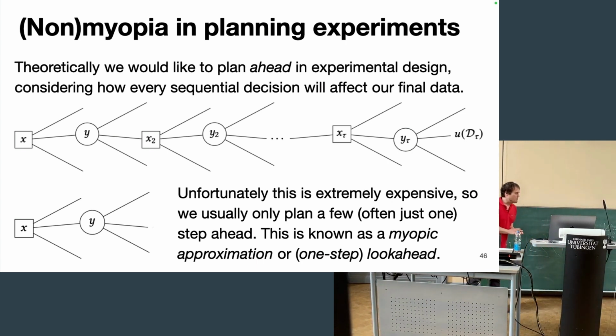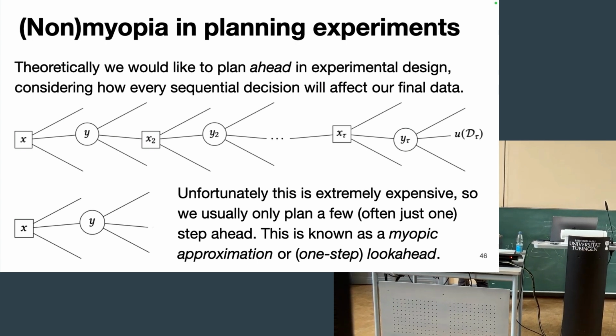OK, so I want to inject this idea of non-myopia that we're going to get to a little bit later on in the talk. Theoretically, if I'm conducting a sequence of experiments, then the optimal thing to do from the point of view of Bayesian decision theory is to maximize the expected utility of my data that's going to result at the end of the entire experimental campaign.